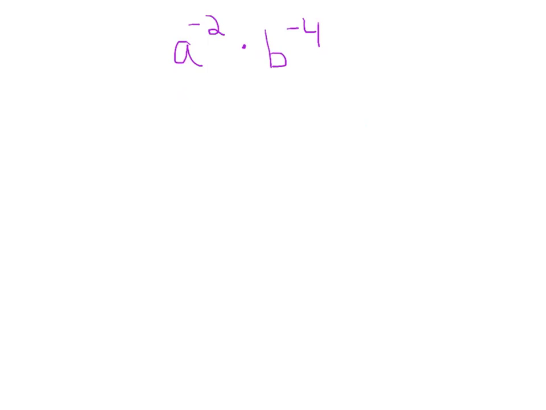Now we have two different variables, and they're both negative. So let's rewrite both of these with positive exponents. So a to the power of negative 2 is 1 over a squared. And b to the power of negative 4 is 1 over b to the positive 4. And we're multiplying.